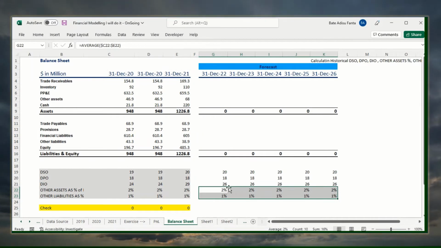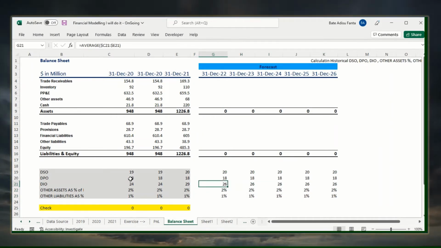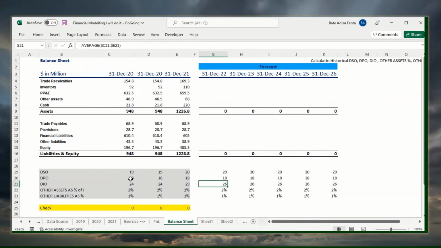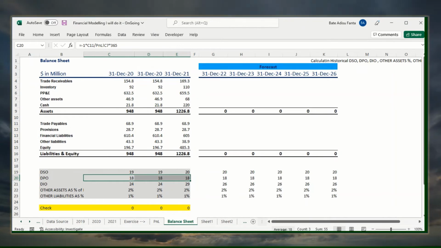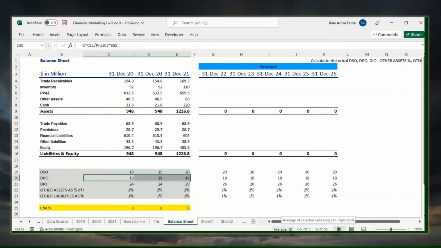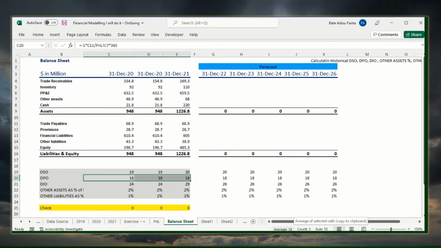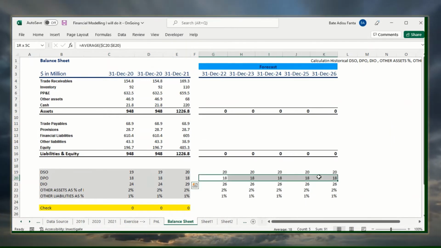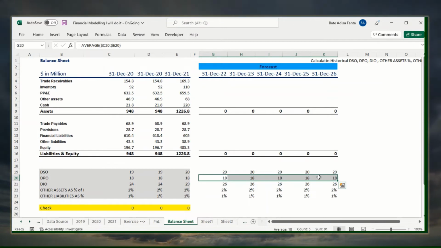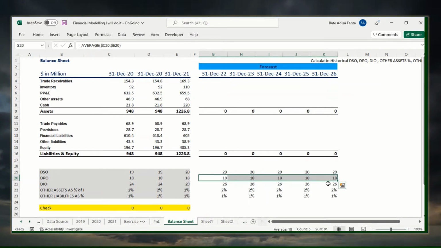To make it clear for you, we can simply calculate average DPO, days payable outstanding. You select and you check here down. It shows you the average number of days, or the average DPO we have here, which is 18 days. So I just automatically calculated using copy pasting formula.